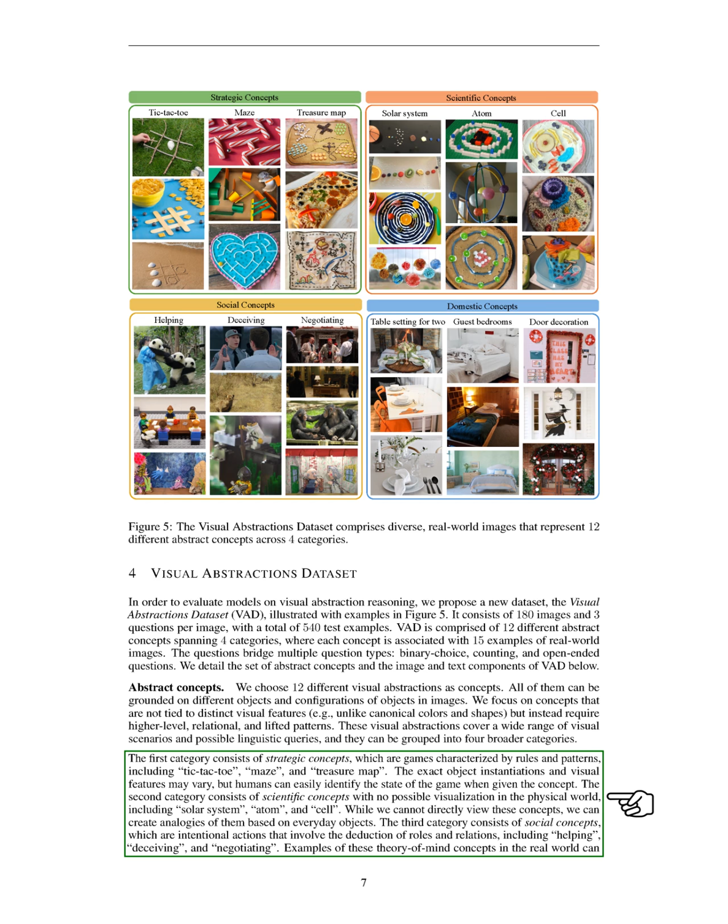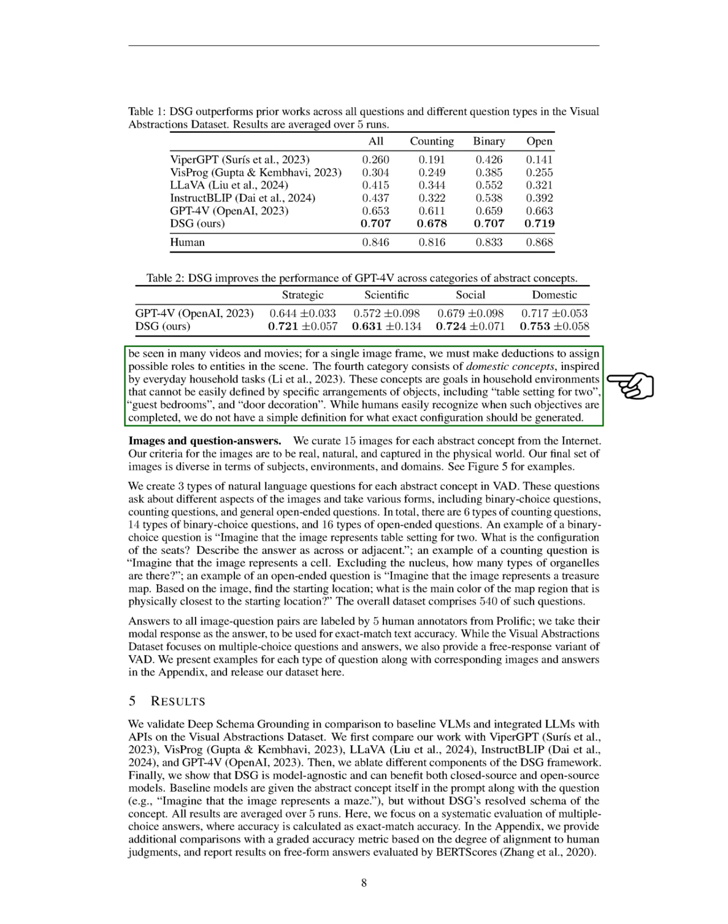The third category consists of social concepts involving intentional actions and role deductions, such as helping, deceiving, and negotiating. Lastly, the fourth category includes domestic concepts related to everyday household tasks, like table setting for 2, guest bedrooms, and door decoration, which are recognized by humans but lack a simple definition for their configurations.